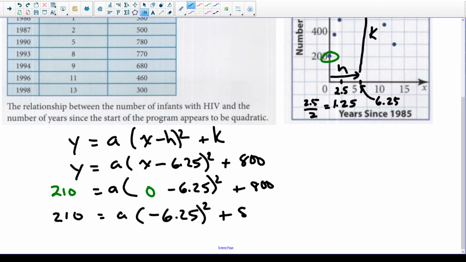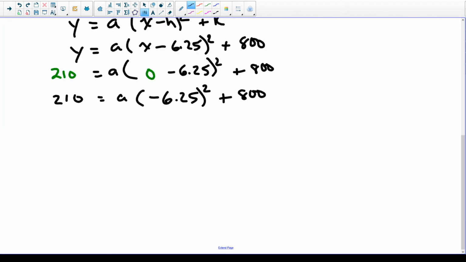All that is squared. And now we have to start working our way to isolating a. So when you isolate a variable, you work your way outside in towards that variable. So the first thing we're going to move is that 800. So where's that 800 going to go? So we're going to have the 210 over here. That 800 is adding on this side.